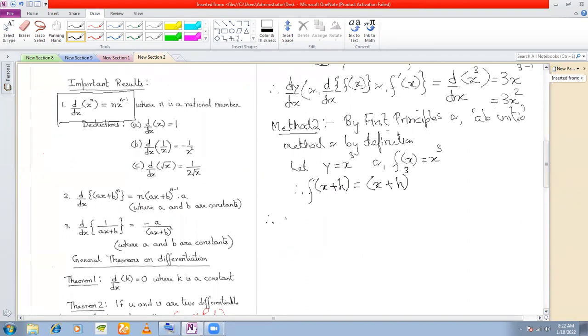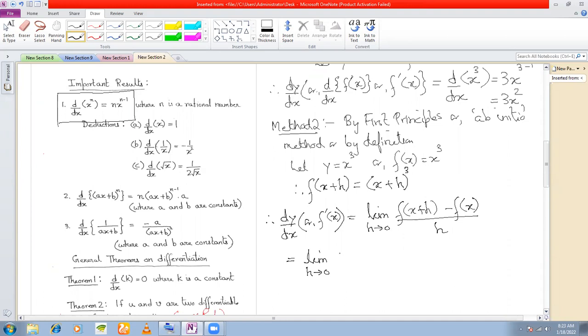So dy/dx from definition, or f dash x or d/dx of f(x), whatever you call it, is limit h tends to 0, f(x plus h) minus f(x) divided by h, which is equal to limit h tends to 0, (x plus h) whole cube minus x cube, and h you write in the denominator as it is.